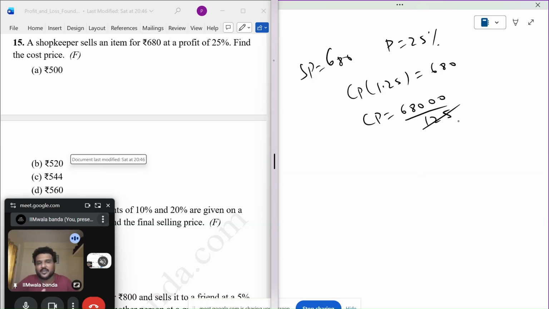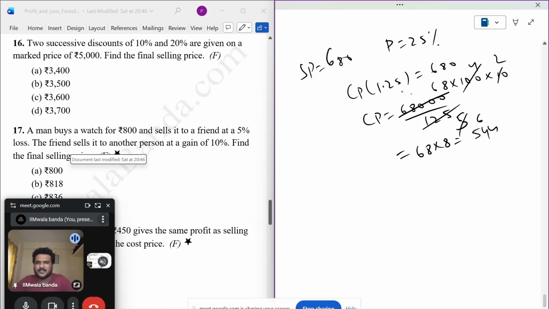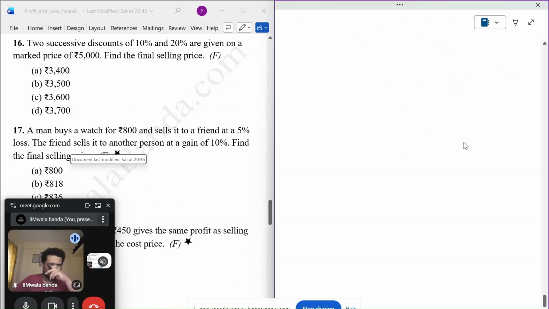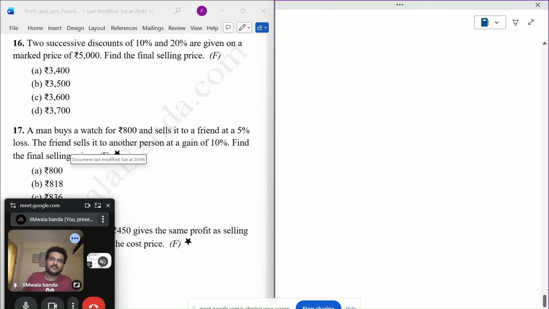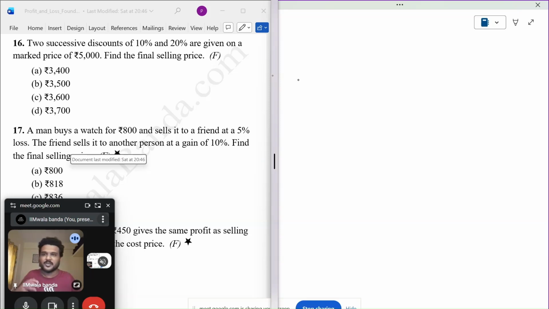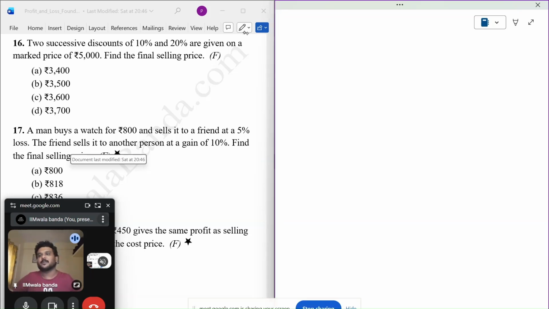This will be 125, 25 fives are 125, and this is basically 680 into 100 into 10, 25 fours are 100, and this is 5 twos are 10. So basically 68 into 8, 8 8s are 64, 8 5s are 40, 48, 49, 50, 544. I hope you're also able to grasp that you don't really need to solve in a specific way, but the way I'm solving, if you can observe and learn something from that, I'll be very happy.